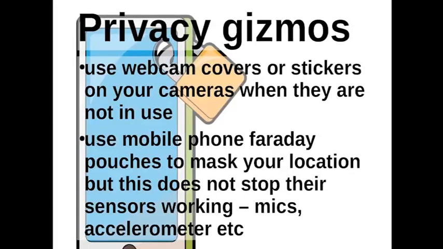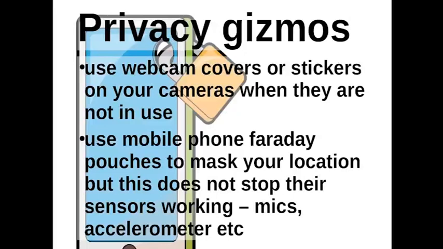So let's hypothetically say that your phone has some malware on it thanks to GCHQ, and it's recording you. You put it in a Faraday pouch, that phone is still recording you.